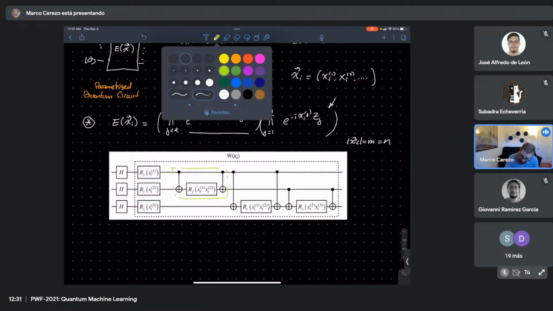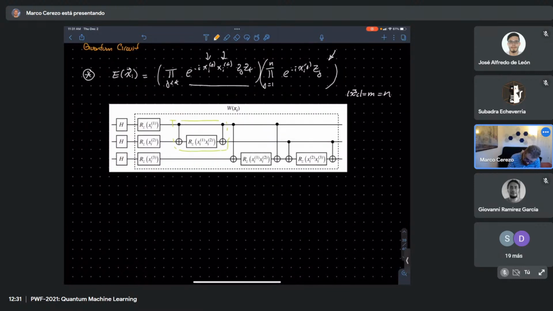So here, just as always, this has some things that we like about it. For instance, this is easy to obtain non-linearities.